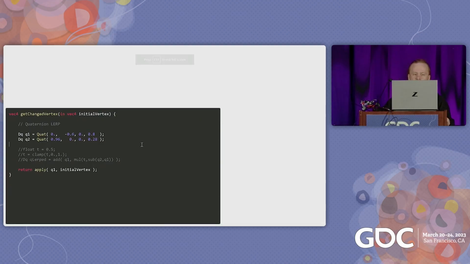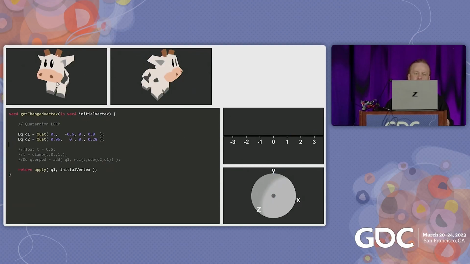So here I've got an editor. We've got a cow up here, and we are applying some transformation to the cow to get the cow in this window. The transformation is coming from this code that I've got here. And over here, I've got some things that will just allow us to inspect some data. So in this line, I've got a quaternion, and this is what the quaternion looks like. I've got another quaternion on this line as well.